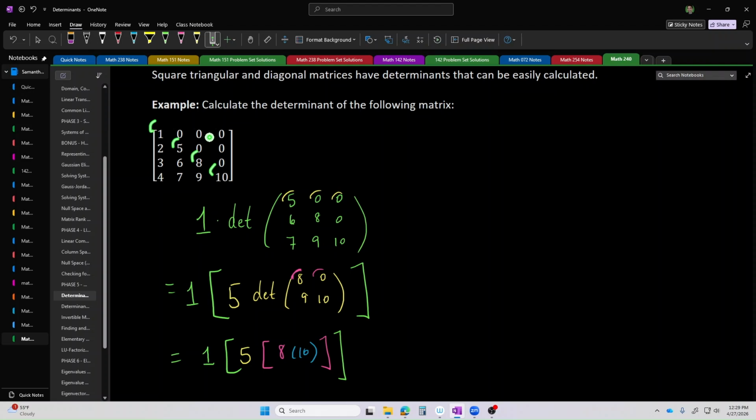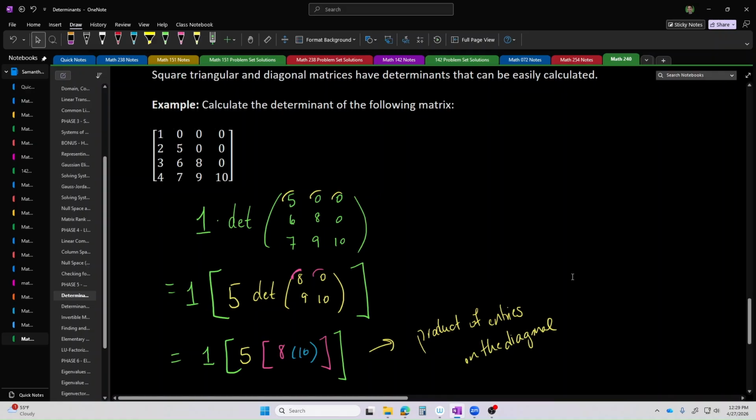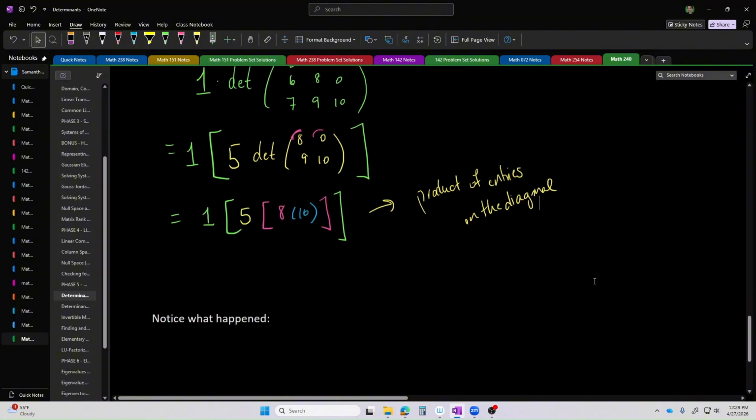So what we see is that the determinant of this lower triangular matrix has worked out to be the product of the entries on the diagonal. And that property turns out to hold both for lower triangular matrices, as we've explored in this example, but also for upper triangular matrices and for diagonal matrices.